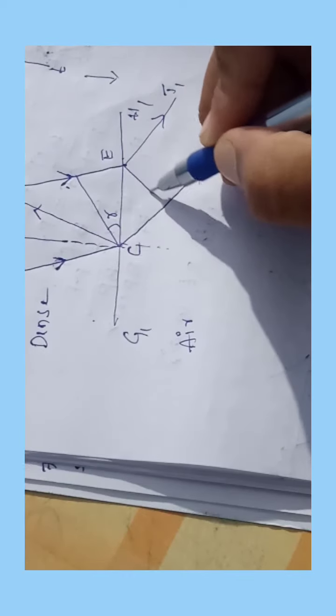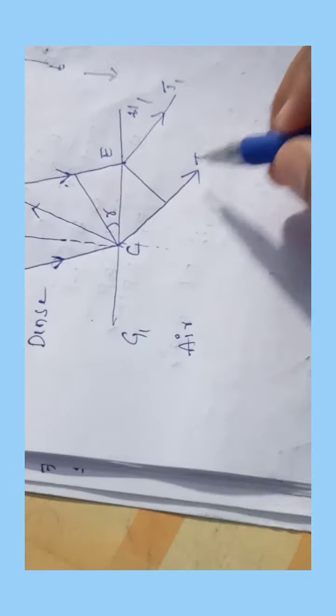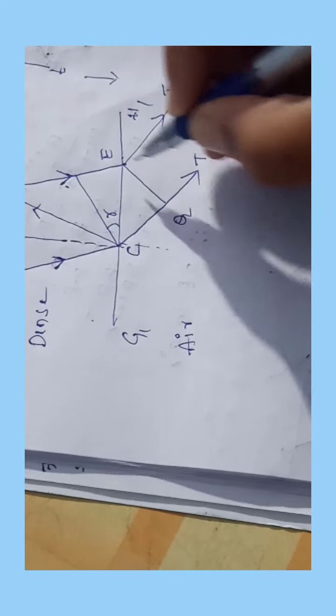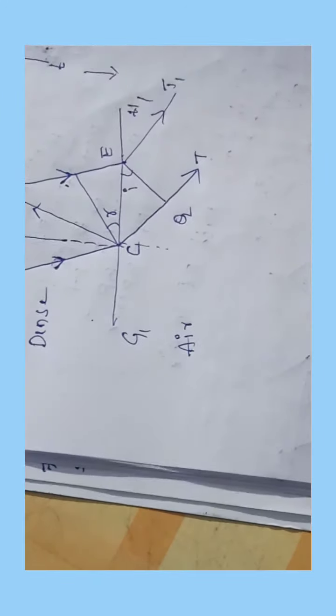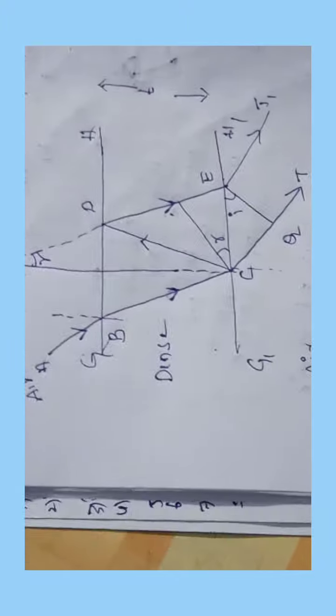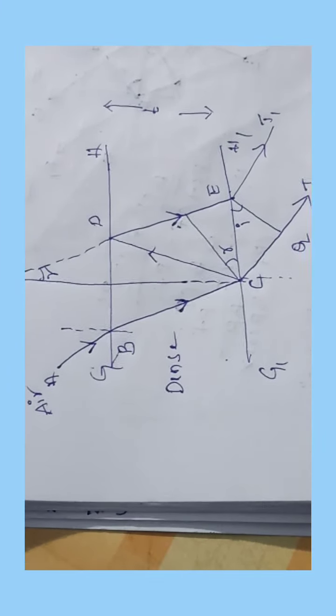From E, draw a perpendicular on CT. Let it be EQ. I is the angle of incidence. Here is the angle of refraction.